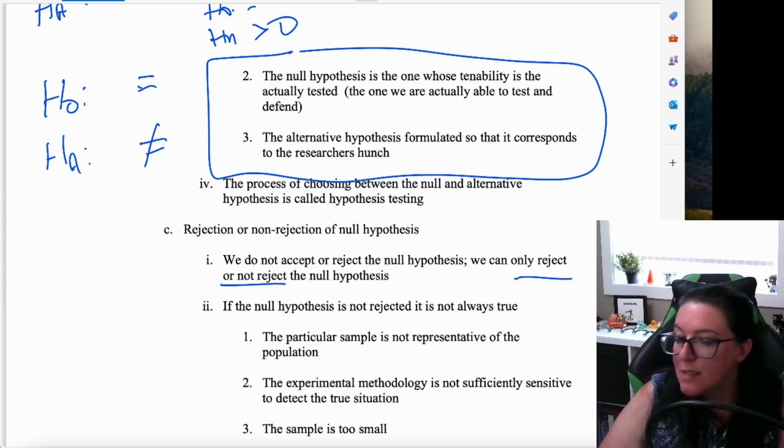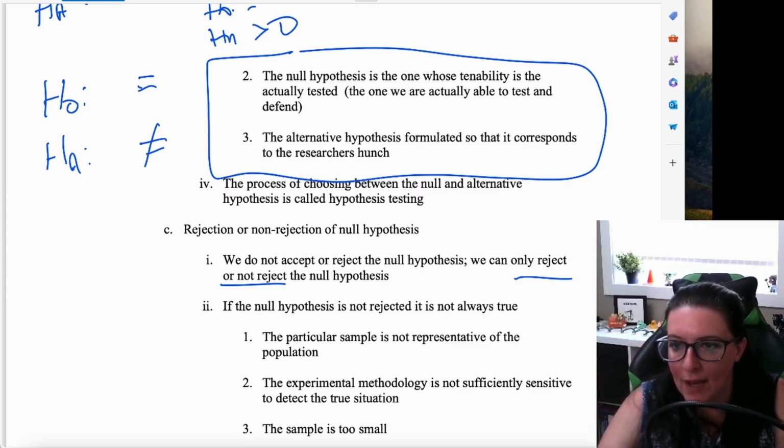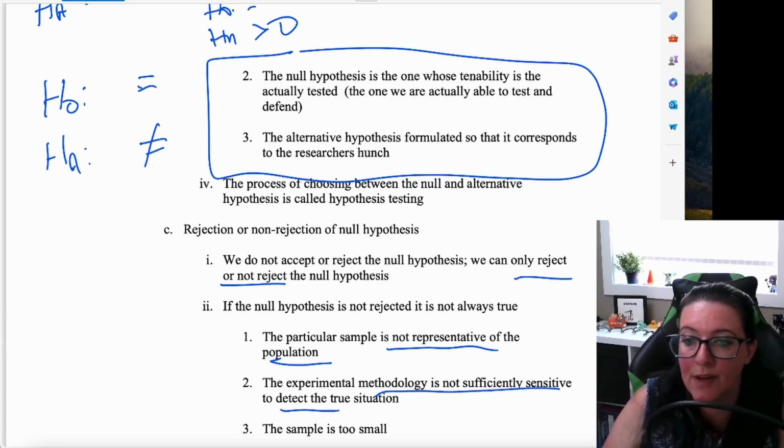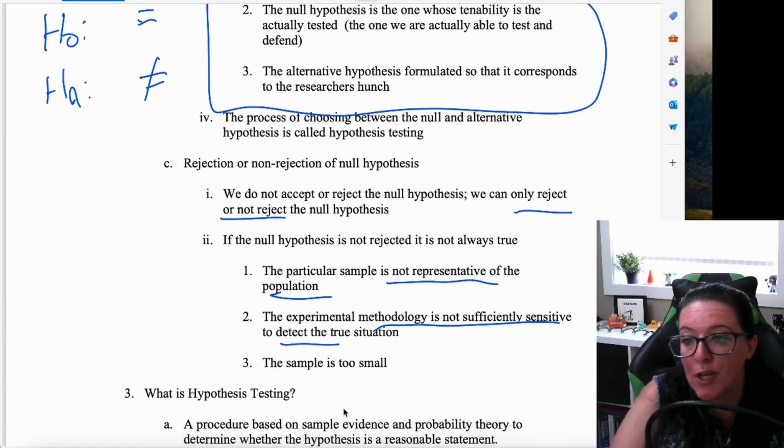And that's because either the sample you're getting is so far away from the population parameter that it must be different, that we can reject the null hypothesis, or it's close, but it's close because either it could be the same, or maybe your sample is not representative of the population, or maybe your methodology is not sensitive enough to detect the difference, or maybe your sample size is just too small.